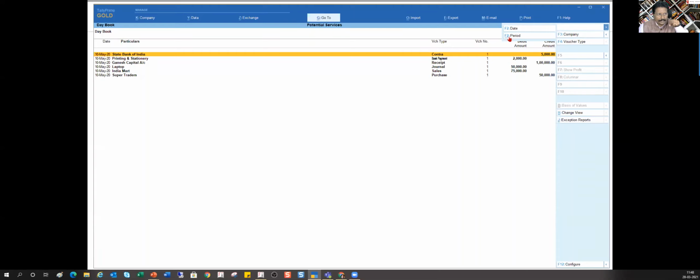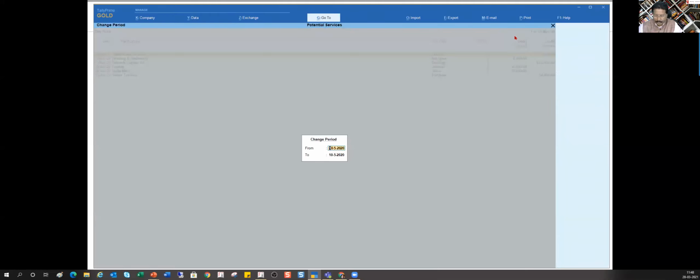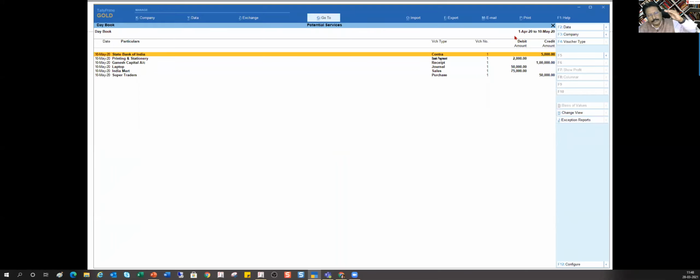So period is F2, single underline, that is Alt F2. Either I click here or I press Alt F2, and very simple. Just press blank space bar, blank it out, space bar, blank it out, and Tally is going to give you a list of all the vouchers from the first day of the voucher till the last date of the voucher. You don't even have to enter the date. Like I mentioned, in my case, everything was on 10th of April, but you will see the range here. You will see from 1st of April to 10th of May, right?